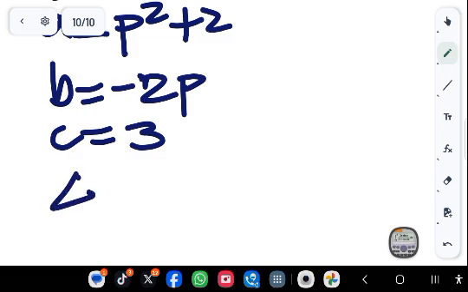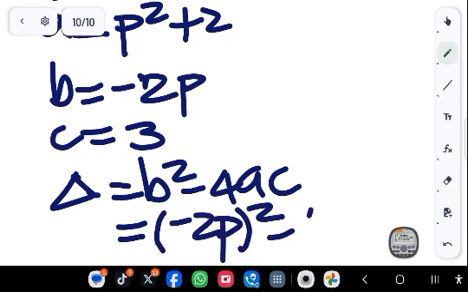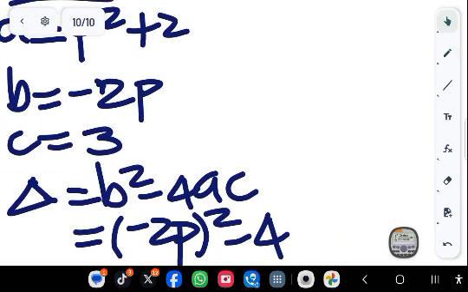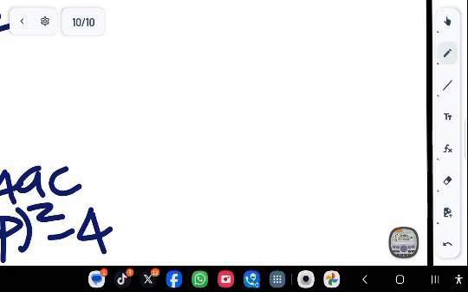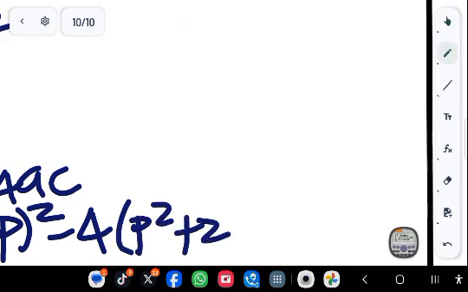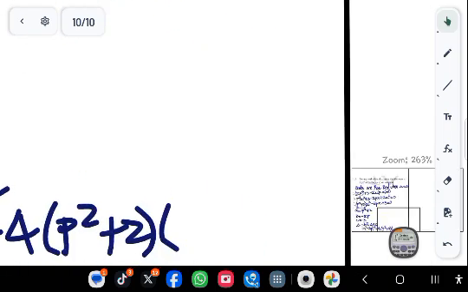Delta equals b squared minus 4ac. In this case, b is negative 2p, a is p squared plus 2, and c is 3.